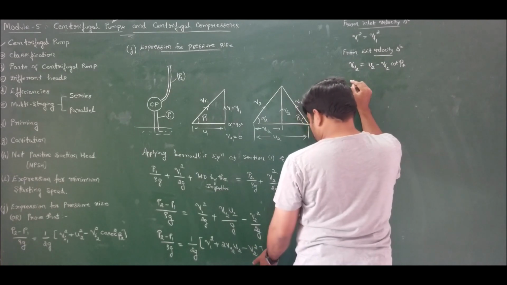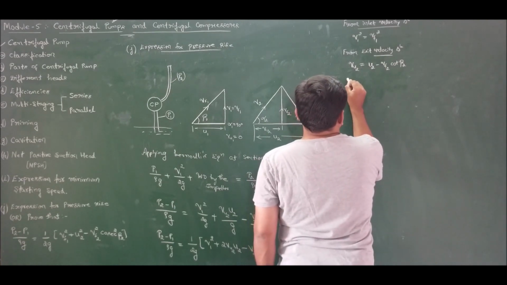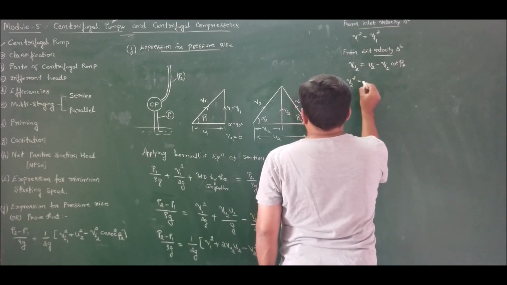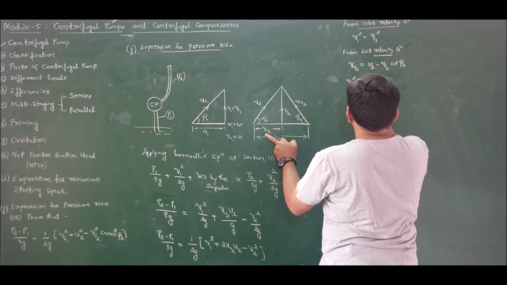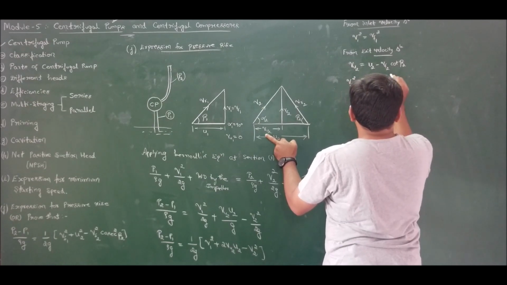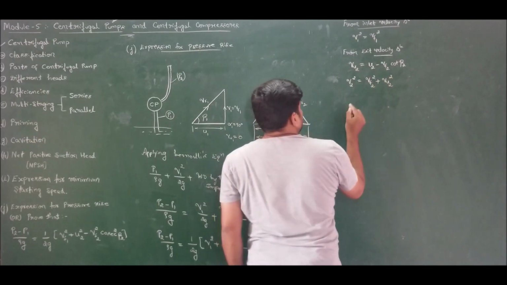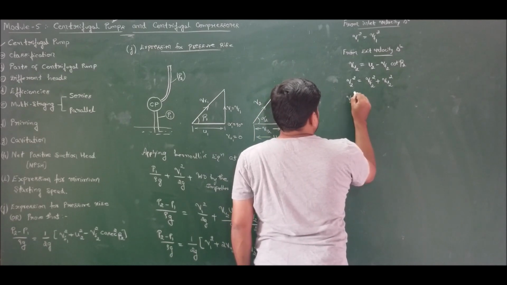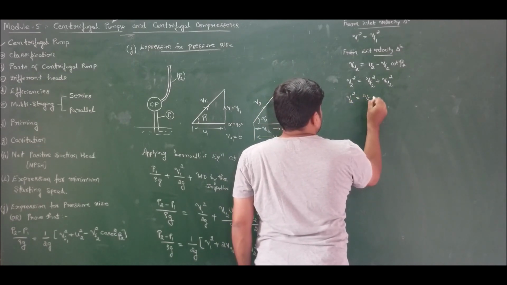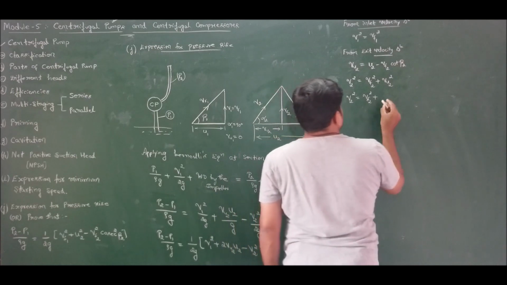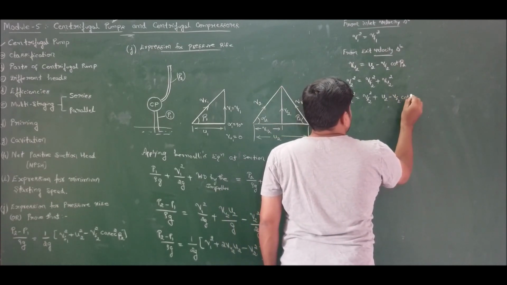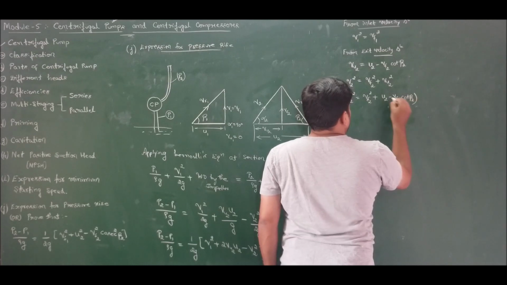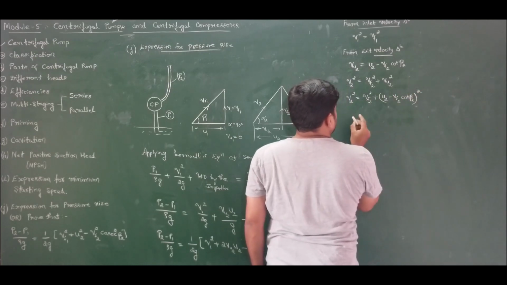Next we have V2 square. So therefore V2 square can be written as Vf2 square plus Vu2 square. Now we know what is the value of Vu2. Simplify it. So V2 square is equal to Vf2 square plus U2 minus Vf2 cot beta 2 whole square.